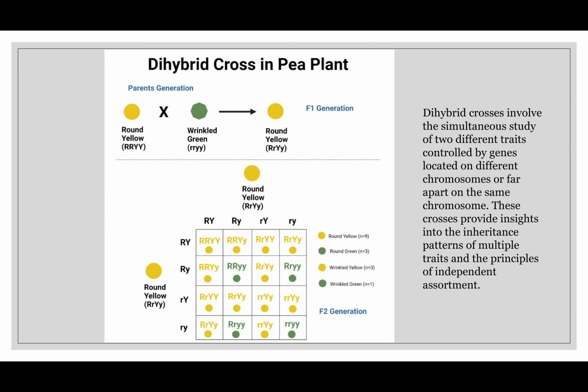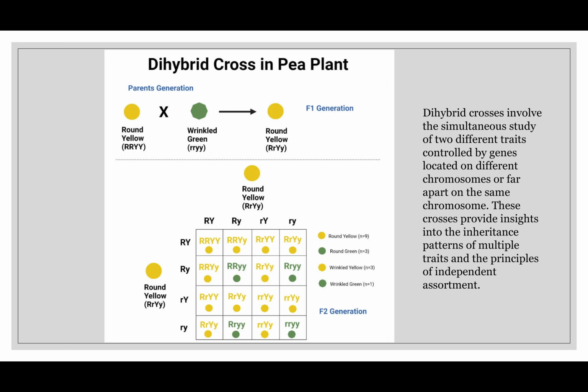So what I was saying is that the traits can be given by genes on different chromosomes, or by genes on different parts of the same chromosome. It could be on two different chromatids. It could be somewhere far away. But we're looking at how those genes exhibit different traits.